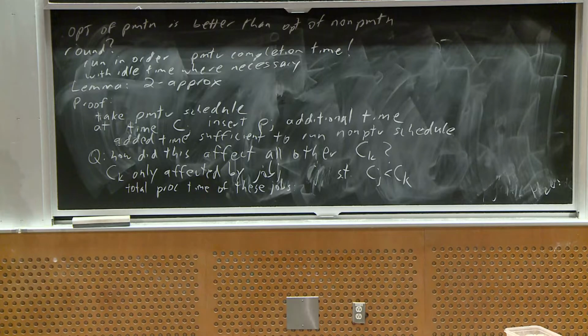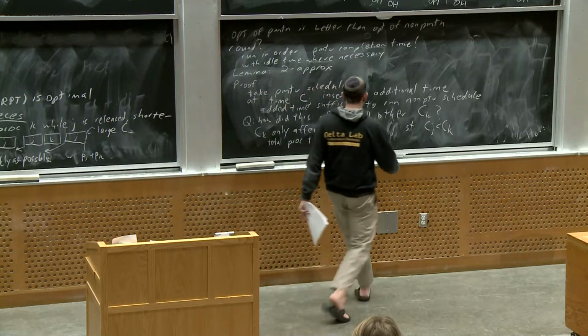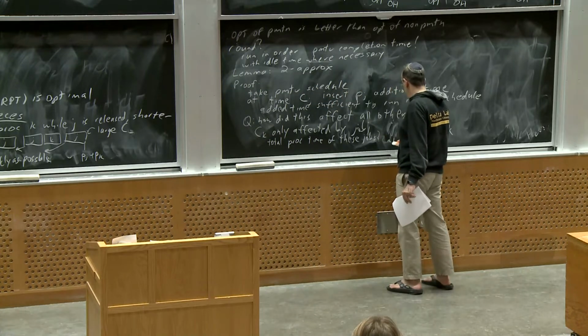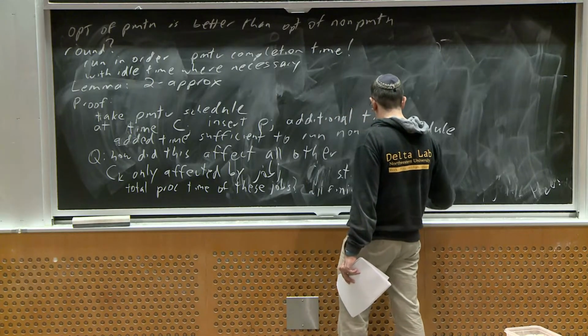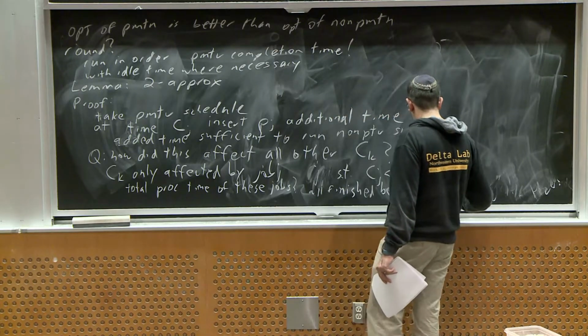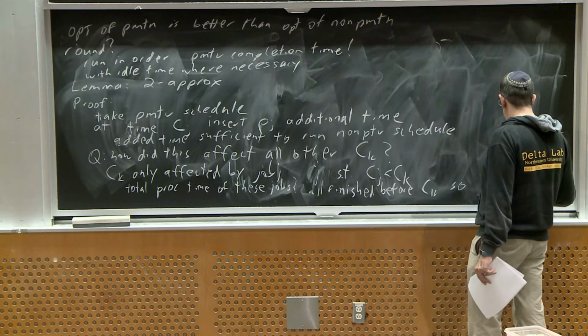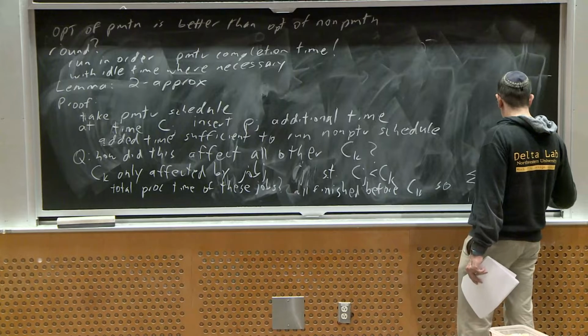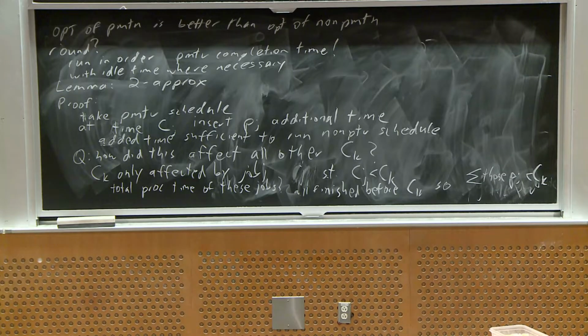All of these jobs finished before time Ck, right? They all finished. So the sum of those pj's is less than Ck, right?